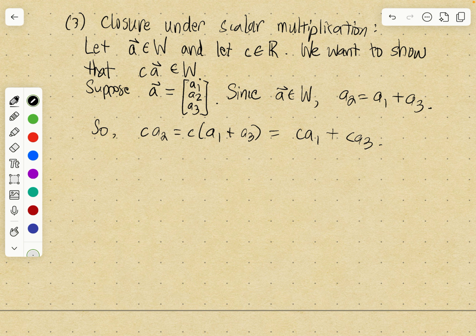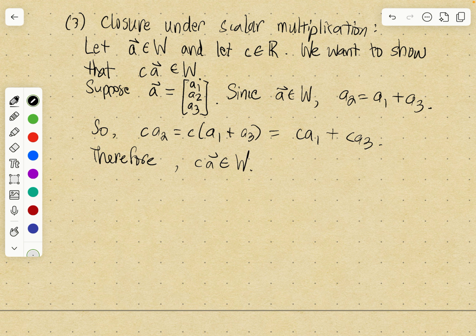And since I showed that the second component of CA is the sum of the first and third components, we're done. So CA2 is CA1 plus CA3. Therefore, C times A is in W.